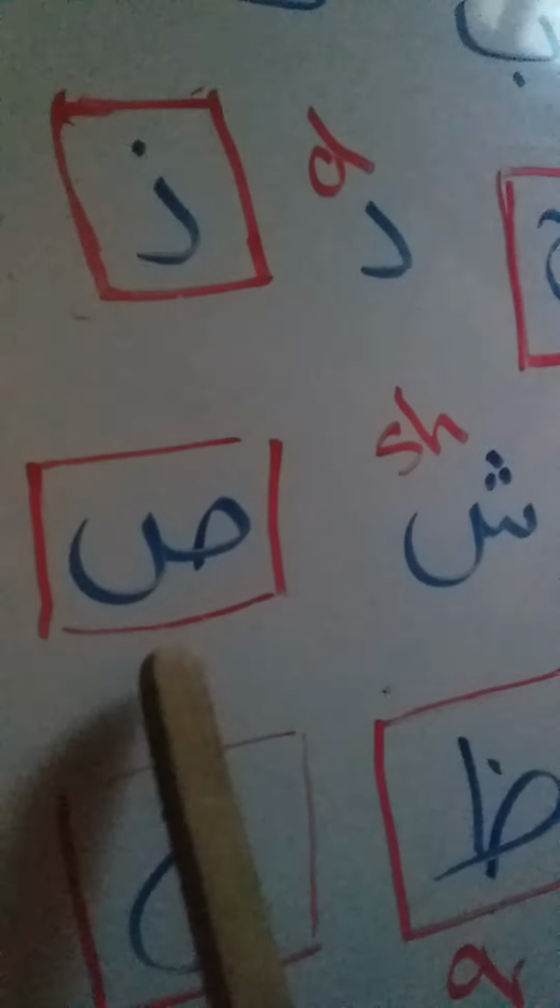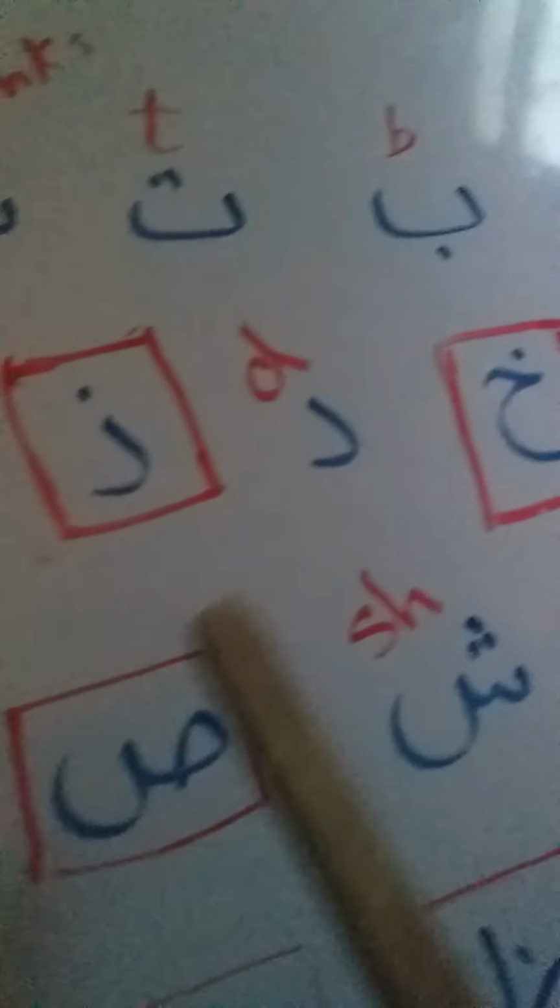In Sad, we raise the deepest part of the tongue. But in Sin, the face has the shape of a smile. Sin, so. This is a letter and this is another letter.